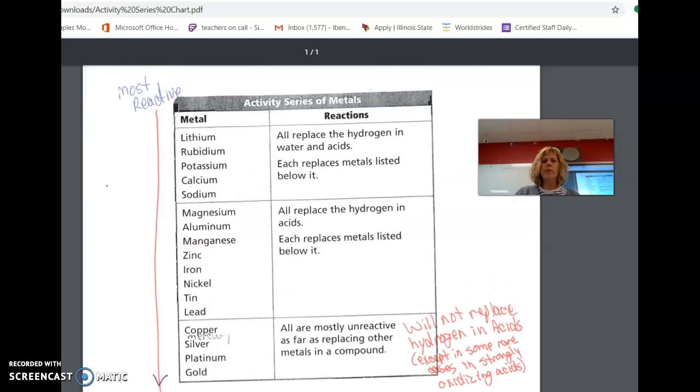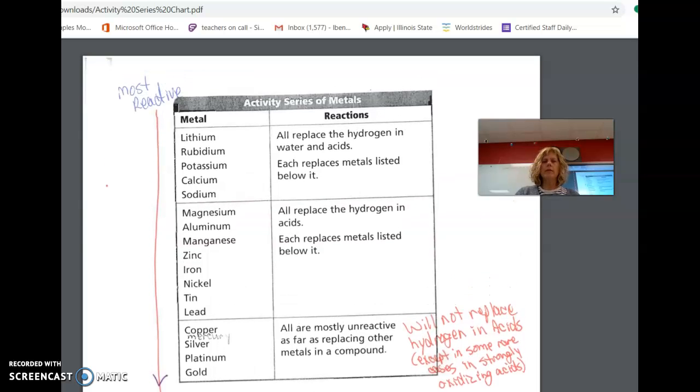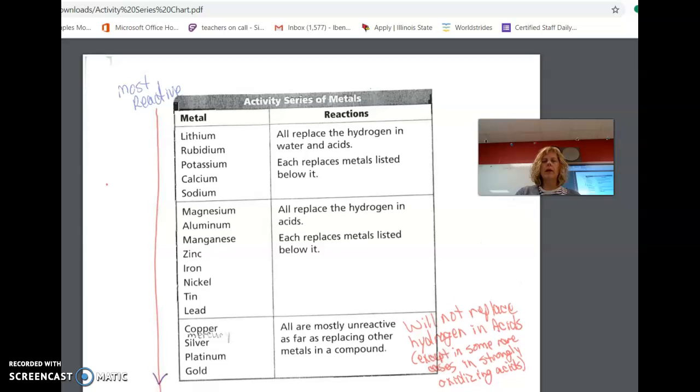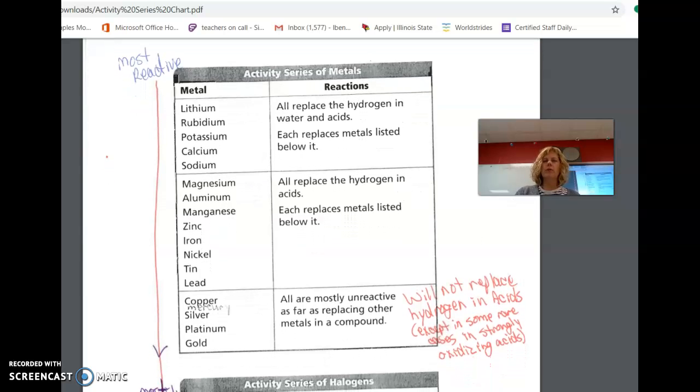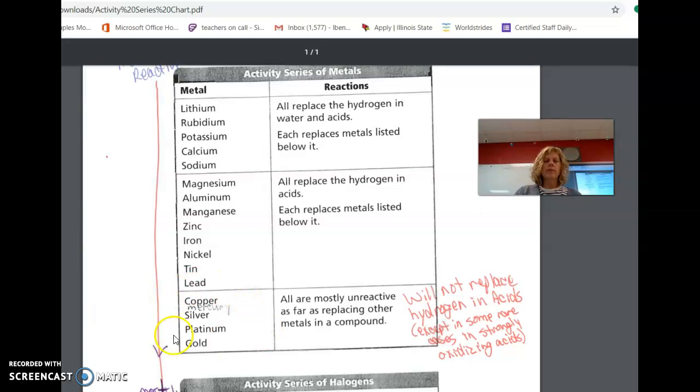And if you work through that worksheet that I gave you with this, I think that really helps you use this and understand. And there was even a question about what we call the coinage metals a lot of times, because they're so non-reactive. Always remember that's why silver and gold and even copper are used to make coins, because they're really not reactive.